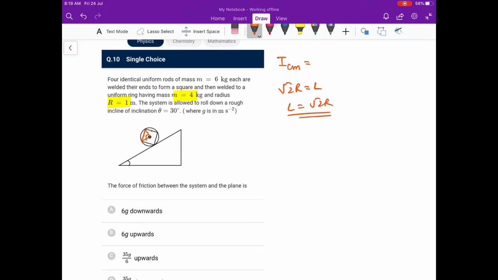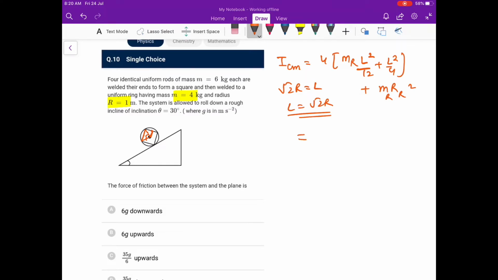So ICM for 4 times m of rod into length of rod square by 12, plus if I shift it, this distance is L by 2, so that is L square by 4, plus for the ring, it is equal to mass of ring into radius of ring whole square.